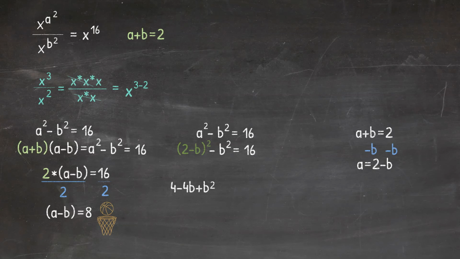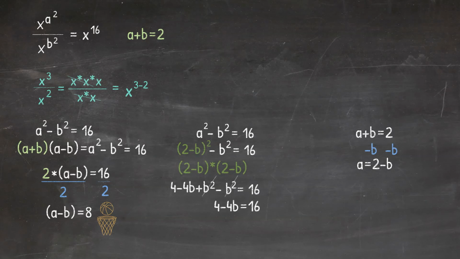Otherwise, you can just factor it into (2 minus b) times (2 minus b), and you would get the same input. After we unwrap it, it's pretty obvious that we can cancel out plus b squared and minus b squared. And what we get is 4 minus 4b equals 16.